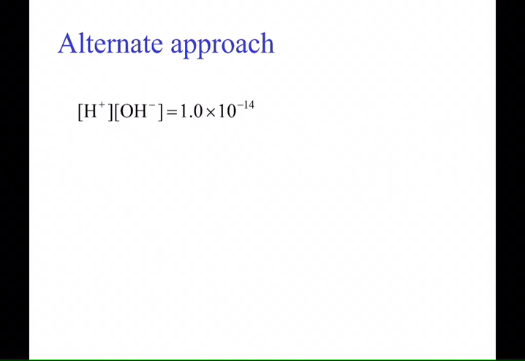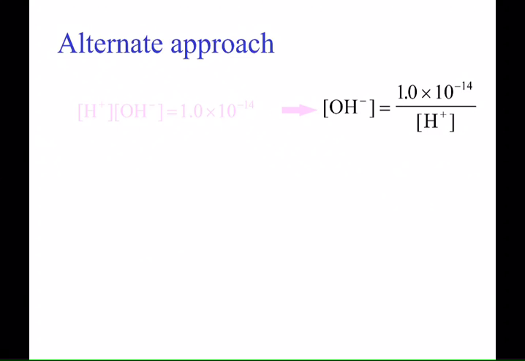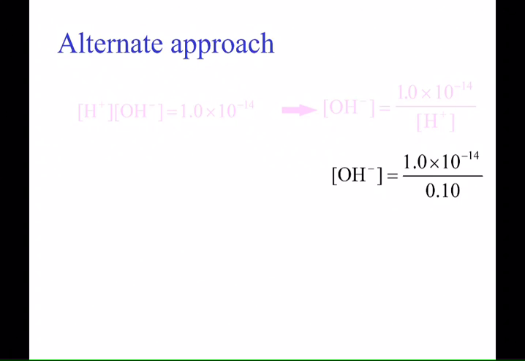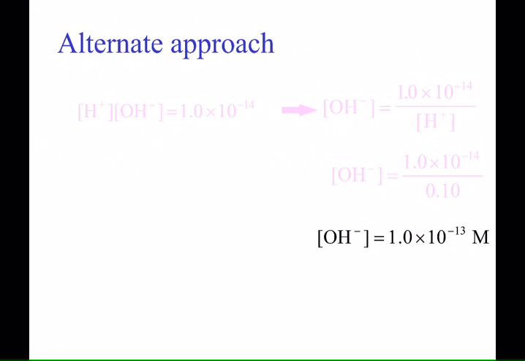Rearranging, the hydroxide ion is equal to Kw, 1.0 times 10 to the minus 14, divided by the hydrogen ion concentration, 0.10. So your hydroxide ion concentration is 1.0 times 10 to the minus 13th moles per liter.